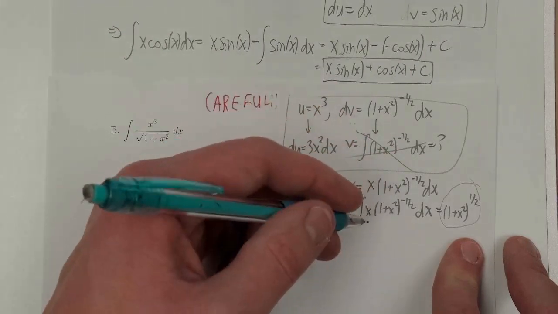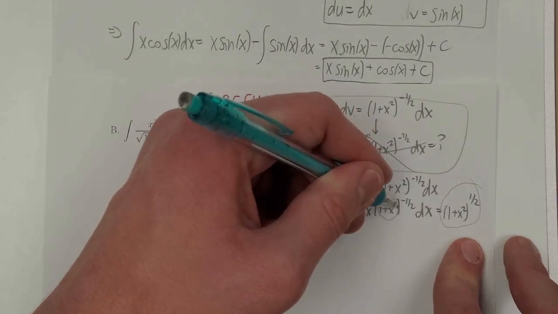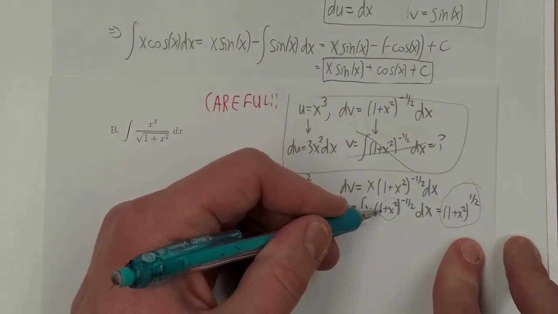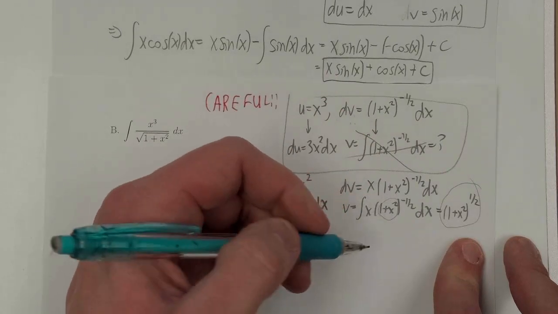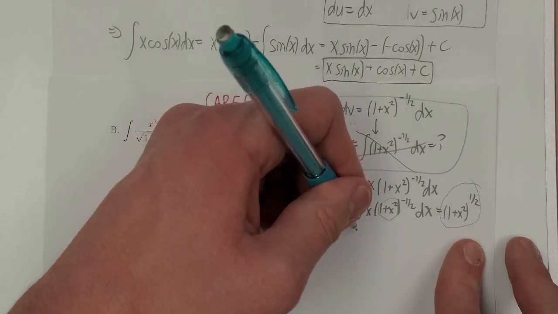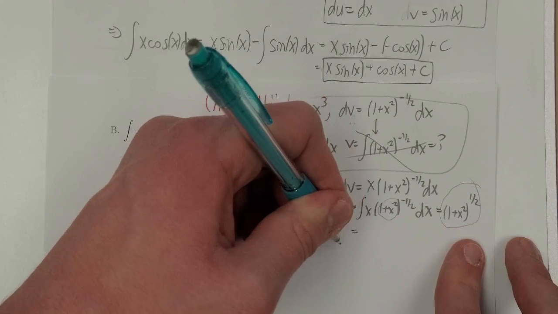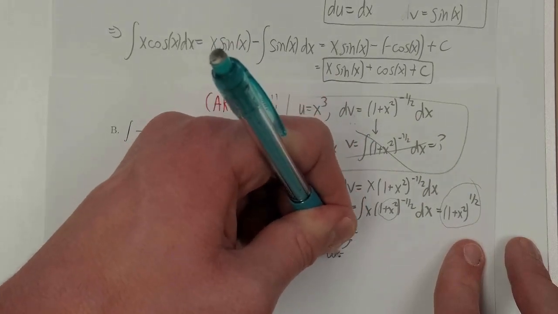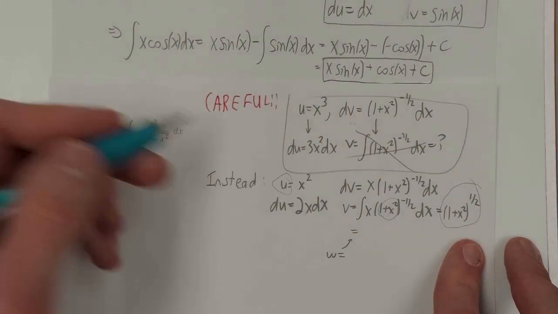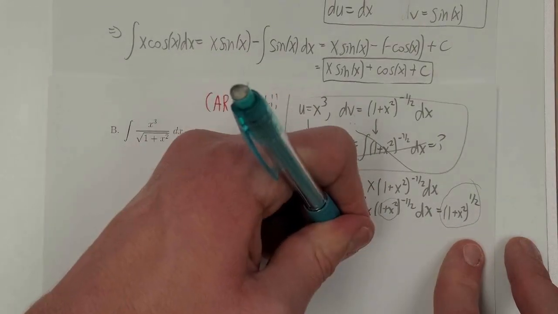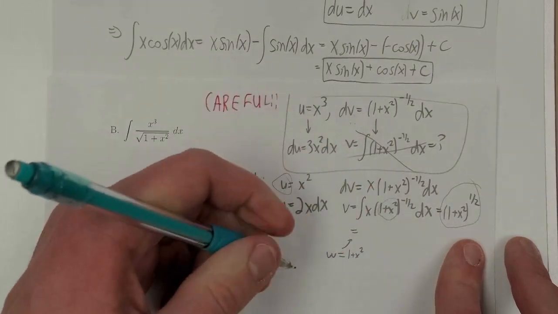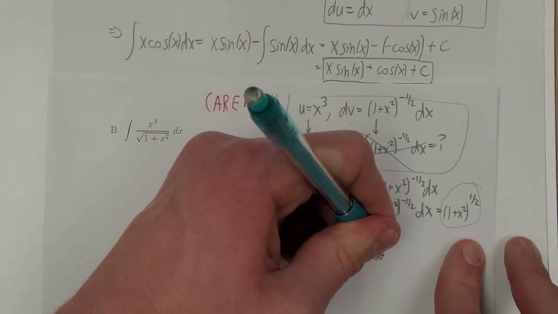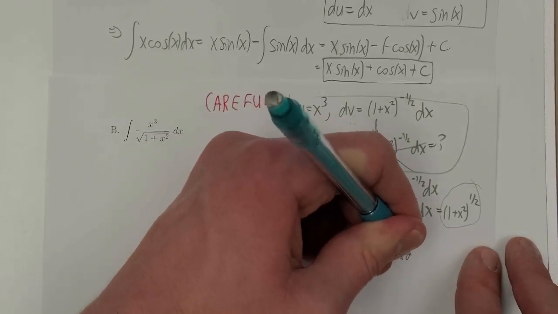I'm seeing some confused heads, so in this case you would have to utilize the substitution where your dummy variable corresponds to 1 plus x squared. So for instance, if you let w denote your dummy variable, because u already equals something here, we have 1 plus x squared, so that way dw becomes 2x dx.